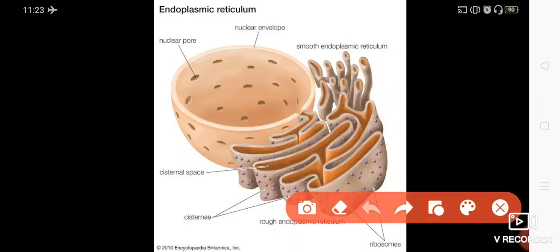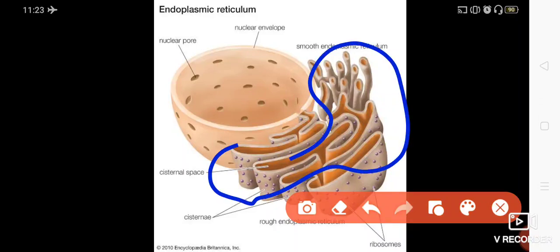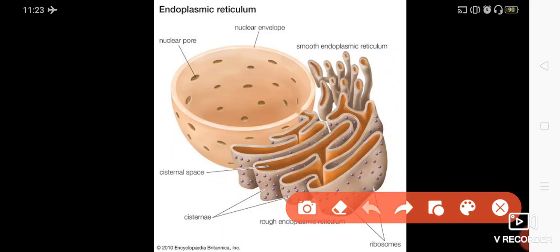With that, these ribbon-like structures are found attached to the nuclear membrane. These structures are known as endoplasmic reticulum.